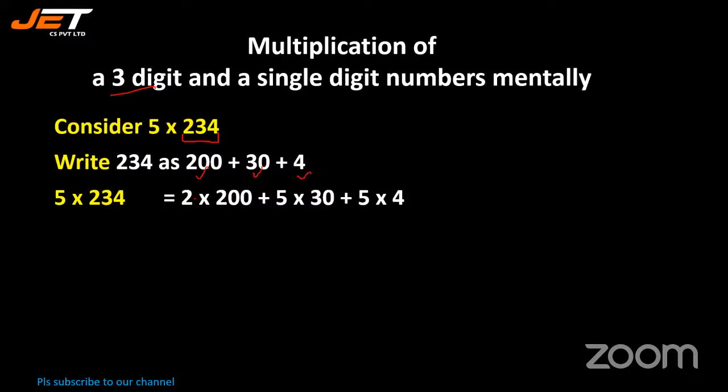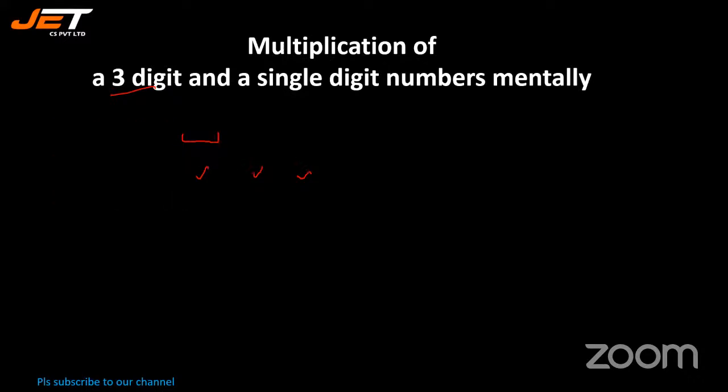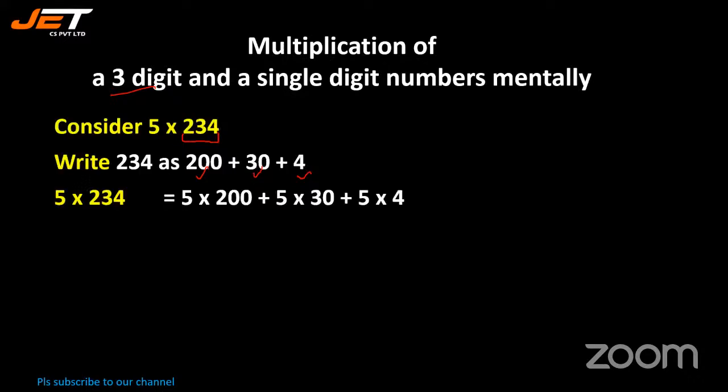First we will do it here as 5 times 200 plus 5 times 30 plus 5 times 4.